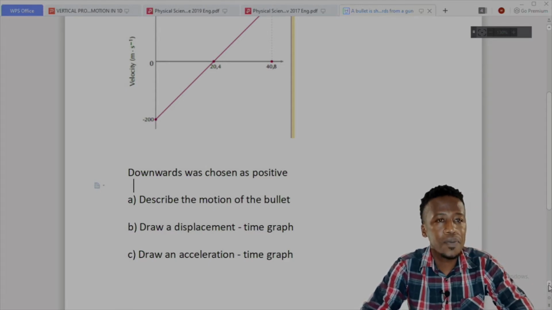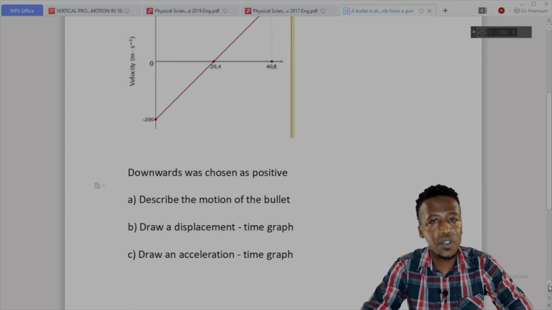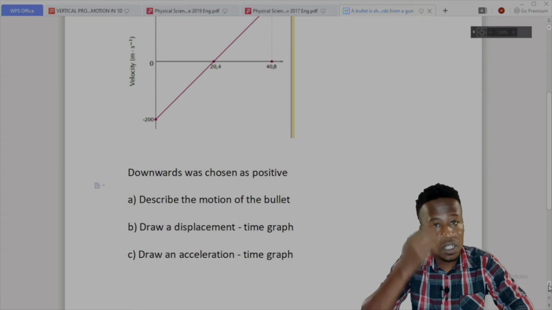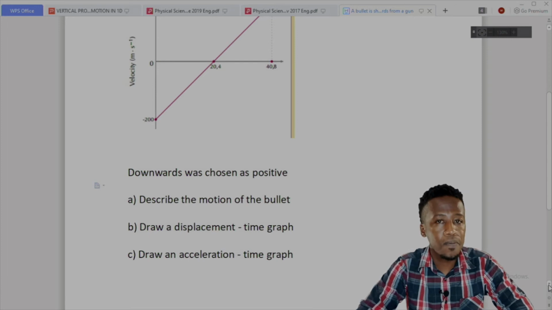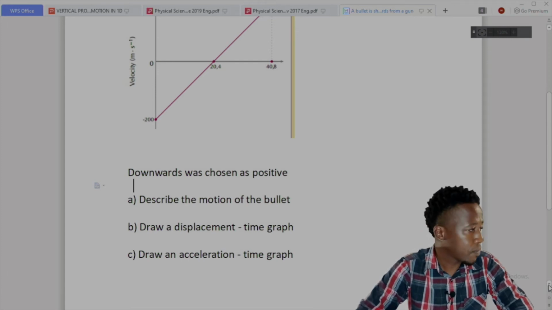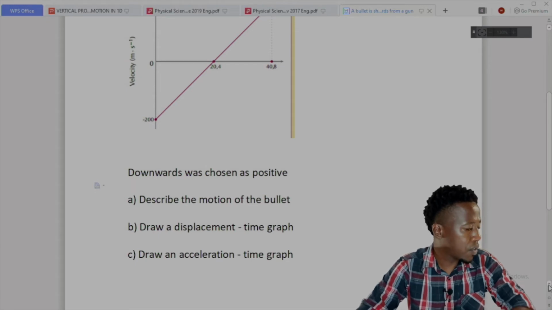Like I said, the sign that you choose, whether positive or negative, will determine the direction of your vectors, which are acceleration, velocity, and displacement, right? Now in this case, they say downwards was chosen as positive. Now from the graph, they say describe the motion of the bullet.